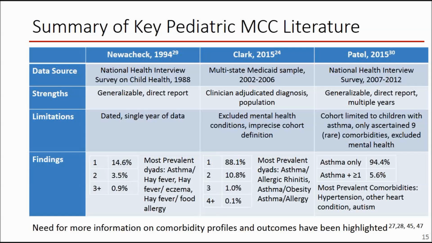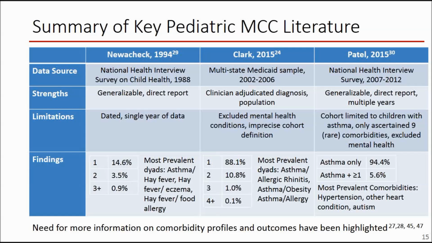However, what they found in the Medicaid population was 88% of kids had a single chronic condition, and about 12% had two or more. Again, primarily driven by asthma, rhinitis, obesity, and allergy. And then Patel and colleagues, I put this up here because it gives a good comparison, but they limited their study to an asthma cohort.